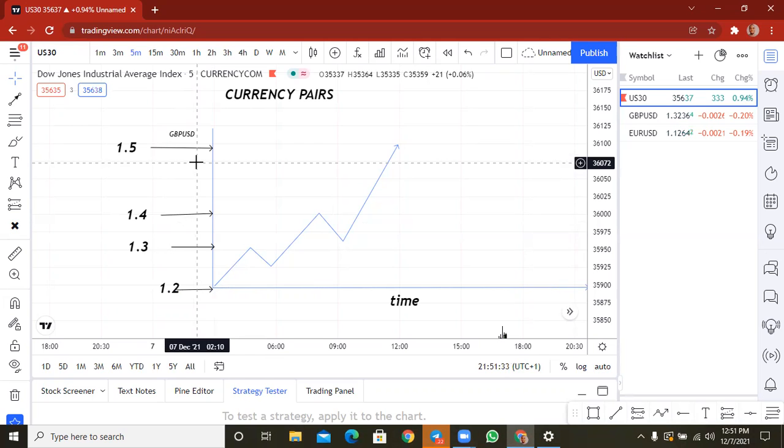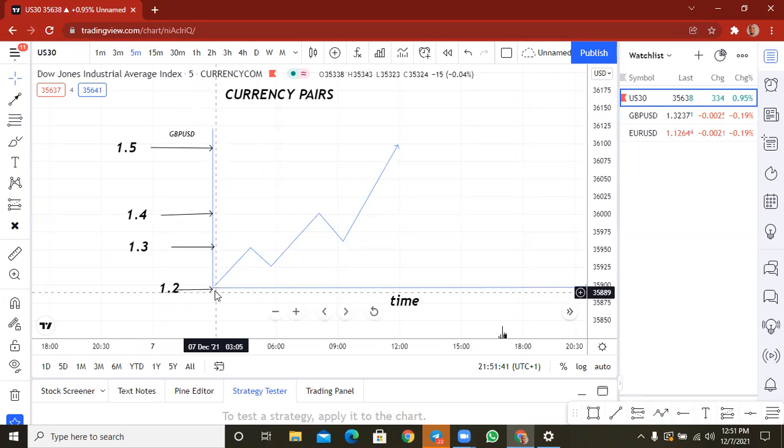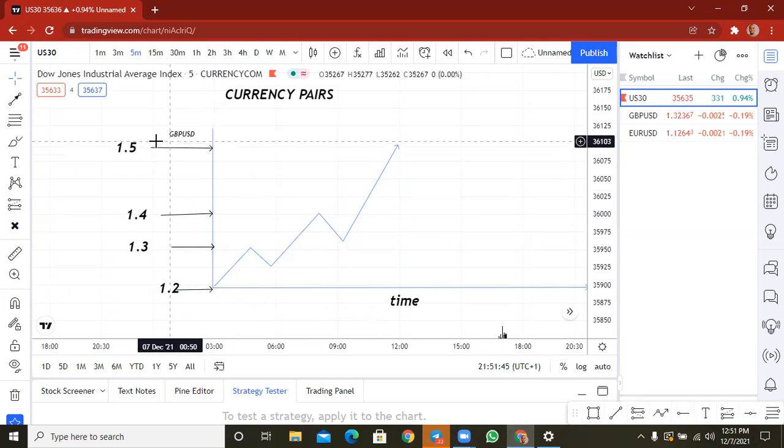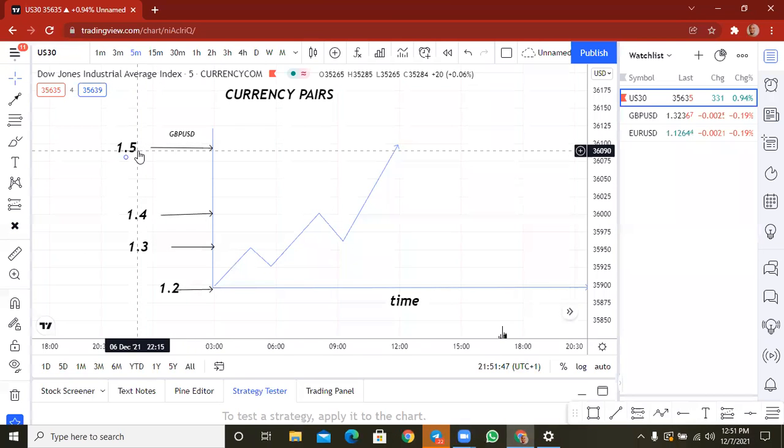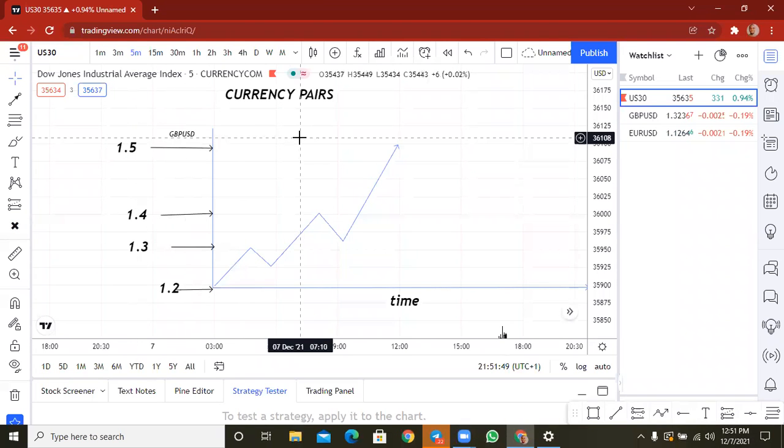So this whole chart representation is how the pounds is in value. How strong are the pounds? Now, if right here £1 costs 1.2 USD, it means it is very different as compared to when £1 costs 1.5 USD. It means the pound now has increased in value. The pound is now very valuable that even the US dollar needs more than $1 to measure up to £1.